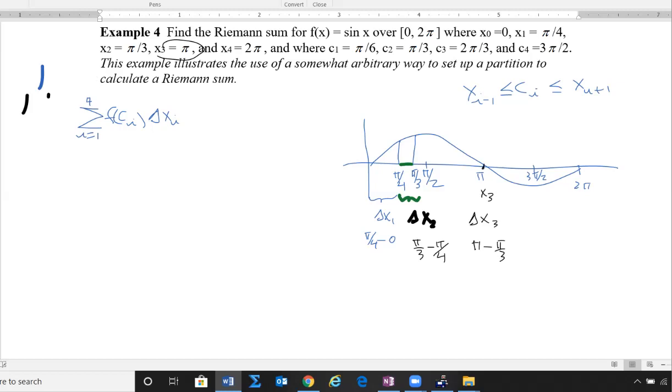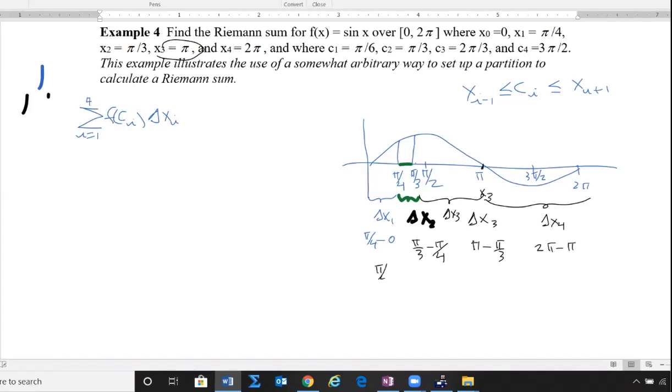Okay, and then you have x sub 4 is 2 pi. That's delta x sub 4. So delta x sub 4 would be 2 pi minus pi.